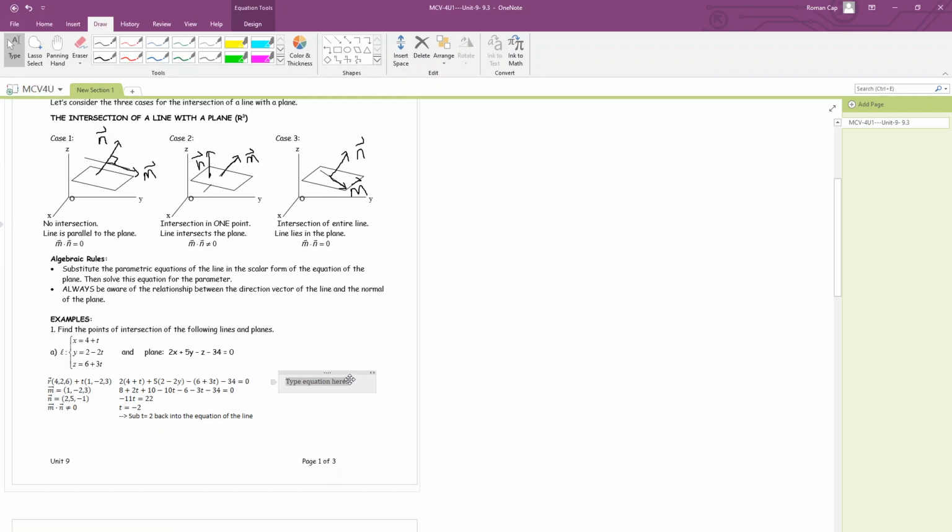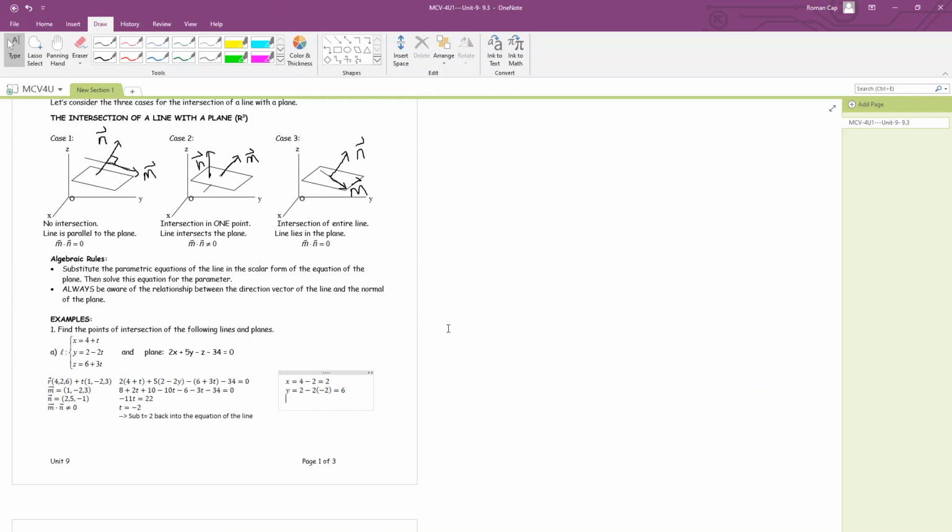Okay, so here we're going to get x is equal to 4 minus 2, which is equal to 2. Y is equal to 2 minus 2 times negative 2 is equal to 6.